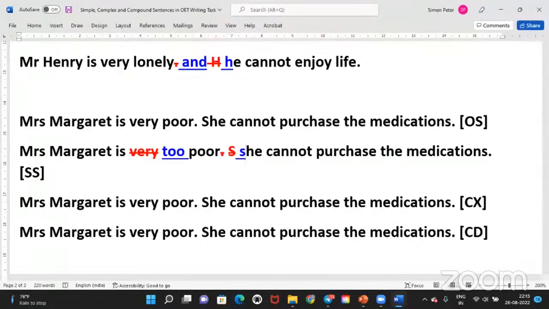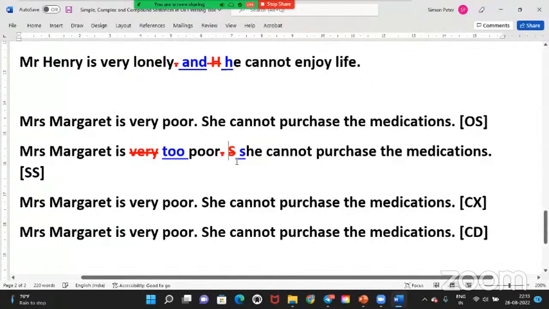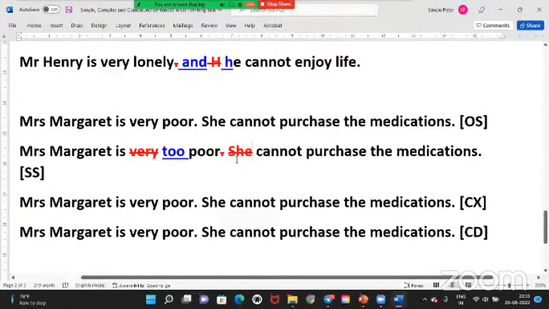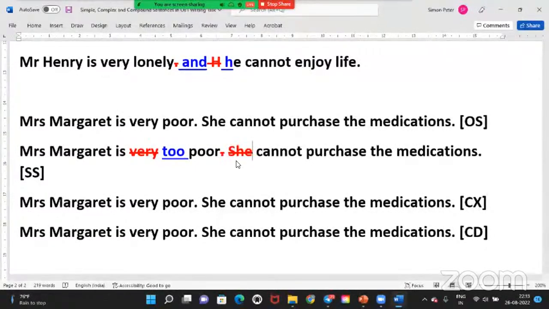Then Mrs. Margaret is too poor to purchase the medications. We don't need this she. Not needed, so I can remove this she. Then we cannot remove cannot also.